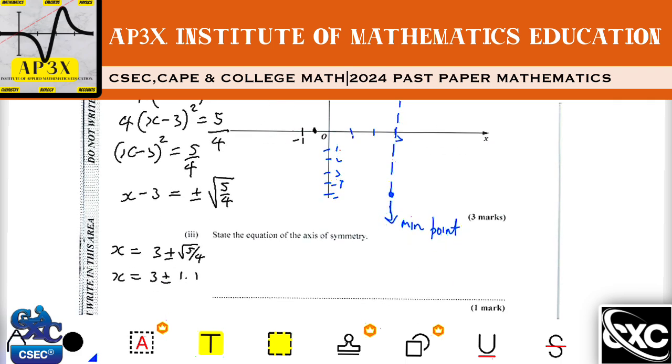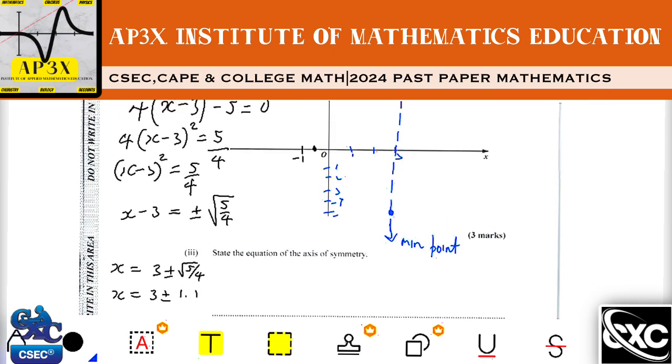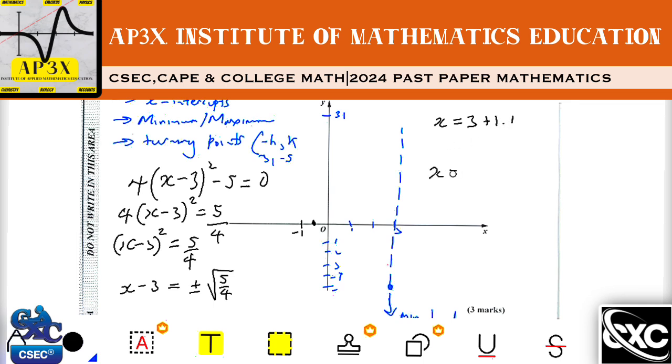Anyways, we're going to have x is equal to 3 plus 1.1, and then we're going to have x equals 3 minus 1.1. So this is going to be equal that x is equal to 4.1, and then x is equal to 3 minus 1.1.